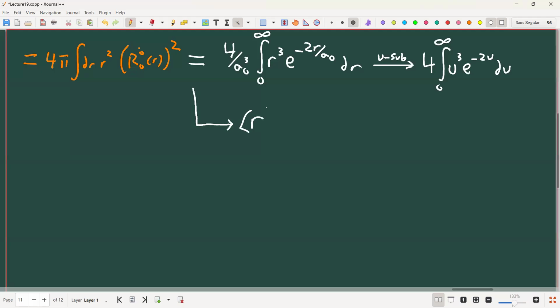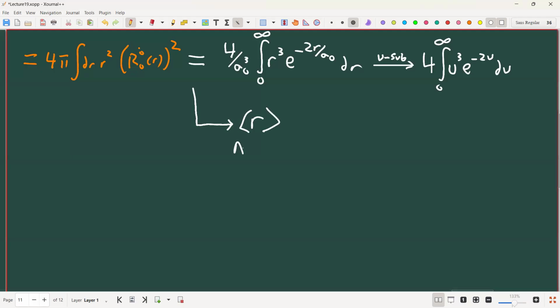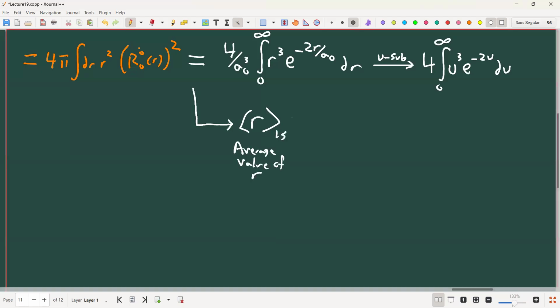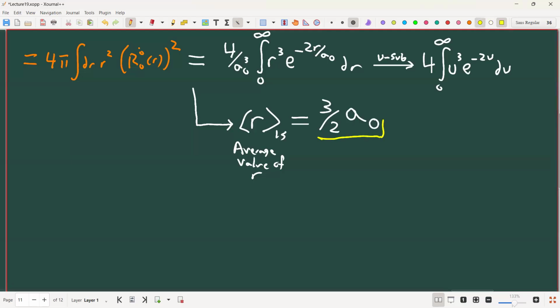is that the average value of r for the 1s electron, so it all works out, is 3/2 times this number a naught. All right, the Bohr radius.